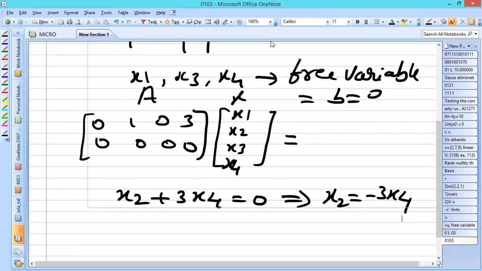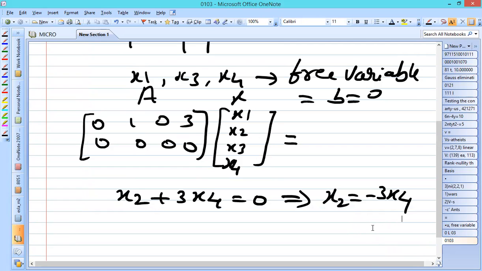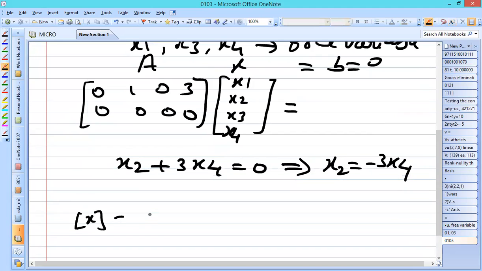But since x2 consists of the pivot, it becomes a dependent variable. This is proved from this equation also. We have obtained x2 equal to minus 3x4. Now when we write the elements of x, it will consist of x1, x3, x4, which are free variables, but in place of x2, we'll be writing minus 3x4.